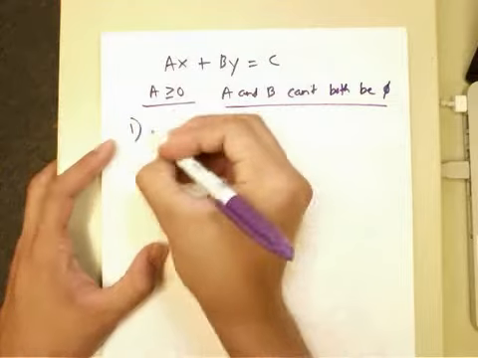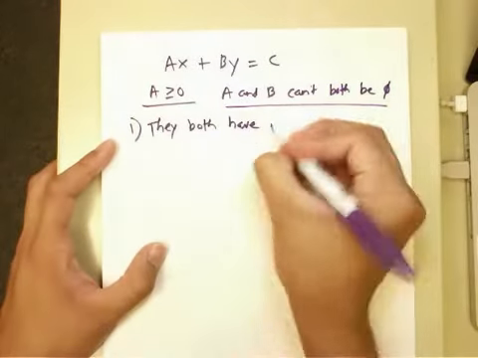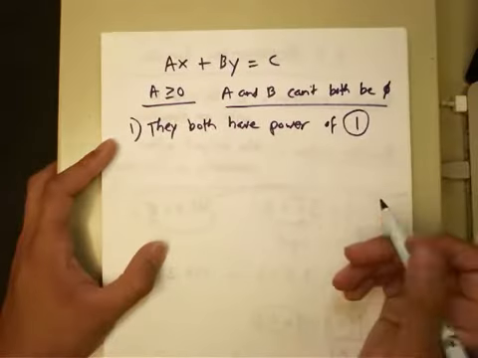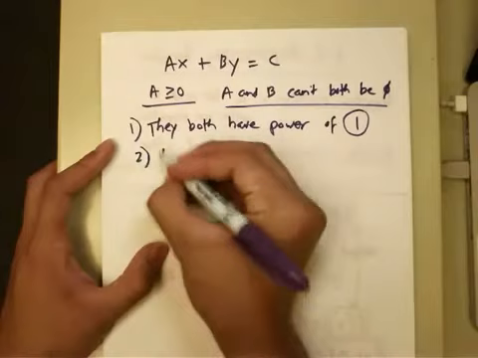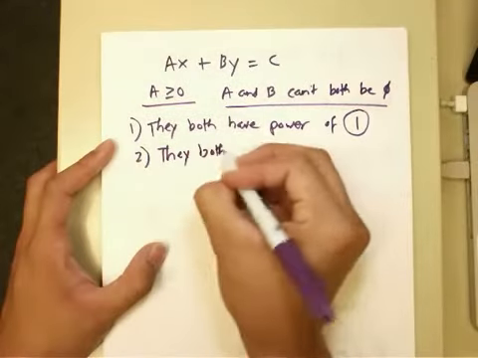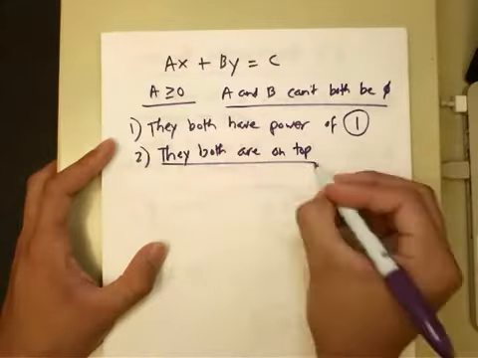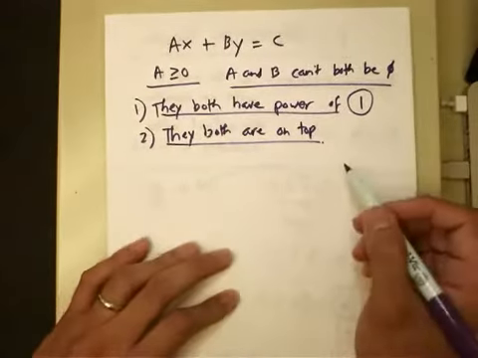So that's one giveaway. They both have a power of 1, okay? And they're both on top, not in the denominator, in the numerator. So two important concepts that you need to understand.